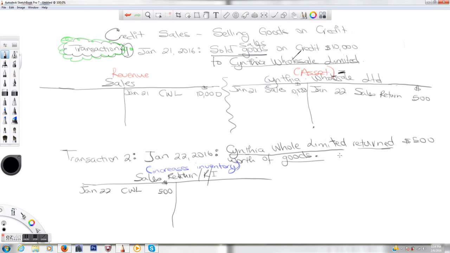When people bring goods back to the business, that increases the amount of stock we have on hand. Inventory is an asset, and to increase an asset, you debit. So sales return, or return inwards, is always debited because of the double entry rule that relates to assets.